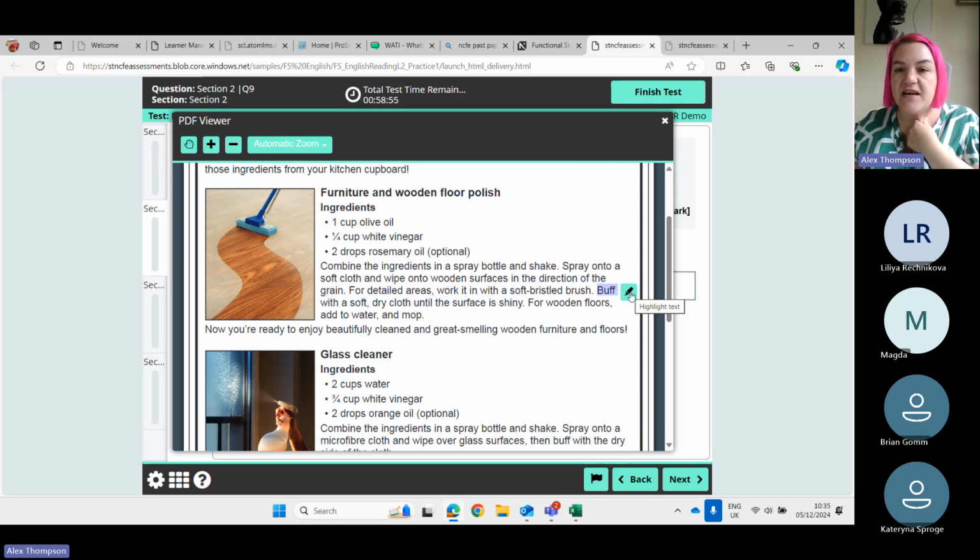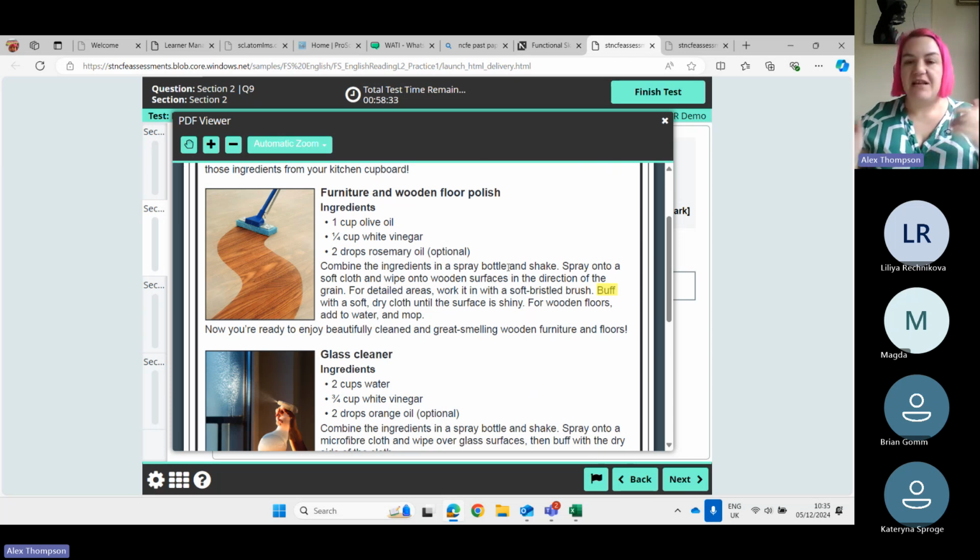This is what it wants us to find an alternative for. It says, combine the ingredients in a spray bottle and shake. Spray onto a soft cloth and wipe onto the wooden surfaces in the direction of the grain. For detailed areas, work it in with a soft bristle brush. Buff with a soft dry cloth until the surface is shiny.